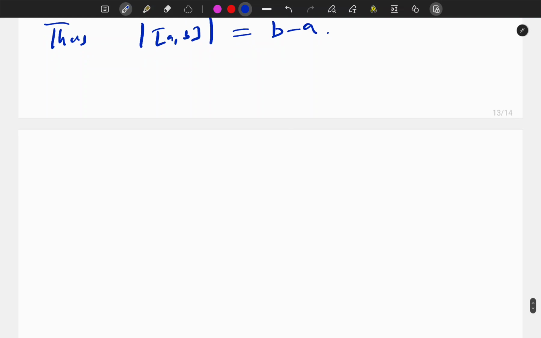Okay, so another theorem which is kind of trivial is: nontrivial intervals are uncountable.